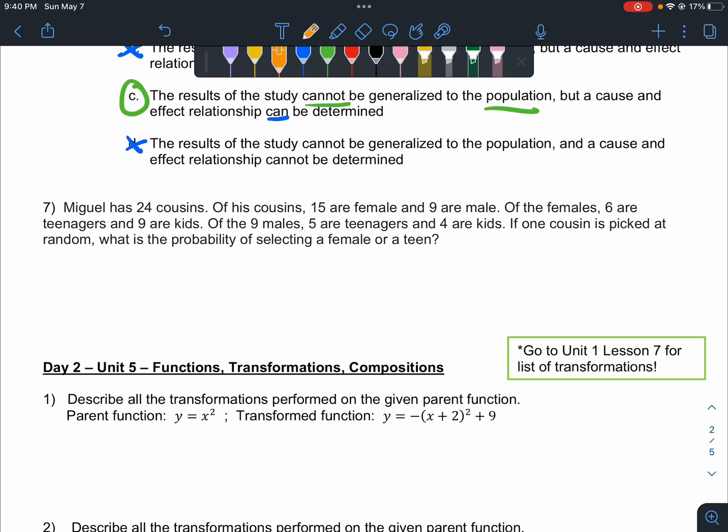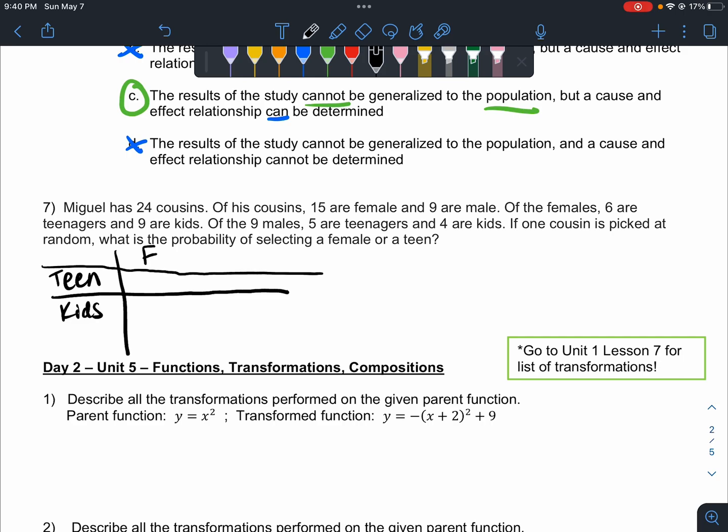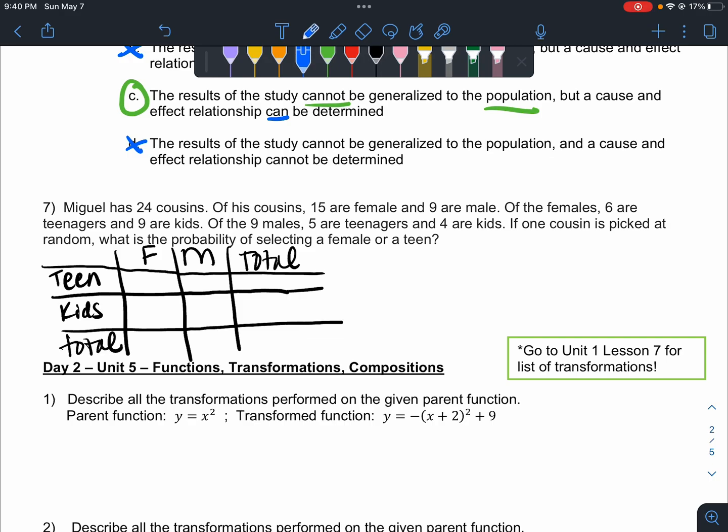So let's look at who our teenagers are. Let's look at who the kids are. We have to look at females and males. And let's look at totals. So here we go. We have total of 24 cousins.